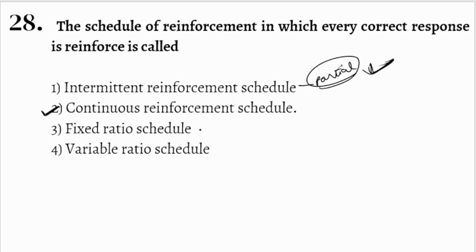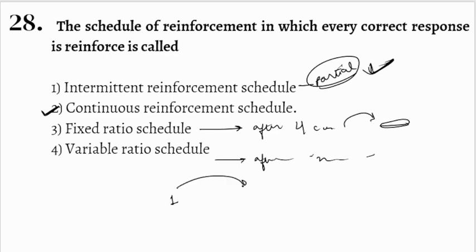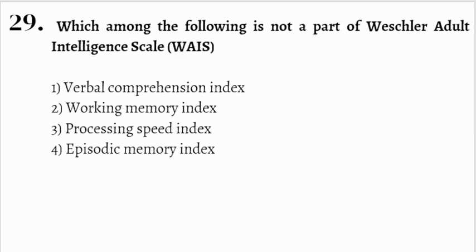Fixed ratio is, for example, after you give me 4 correct responses, then I would give you a reinforcement. And variable is, I can give you reinforcement after n number. For example, after 1 response, then maybe after 100 responses, and so on. So here 2 is our correct answer, which is continuous reinforcement schedule.